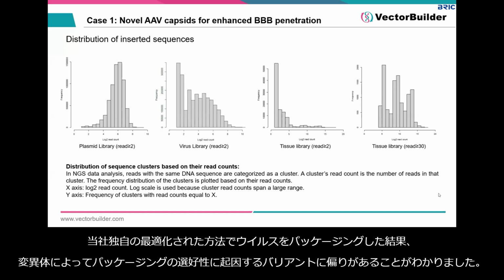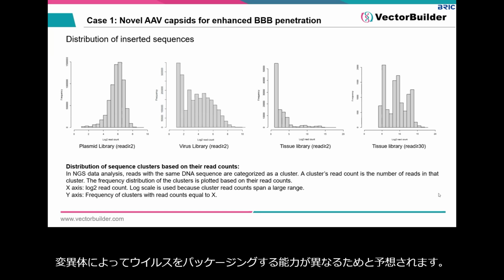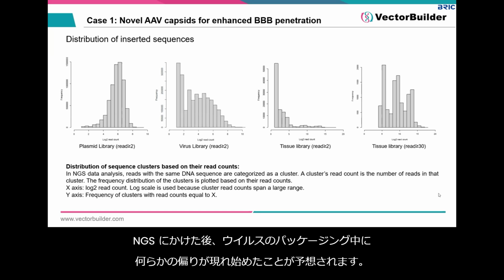After virus packaging by our proprietary optimized methods, we have found some bias in the variants that results from the packaging preference for different mutants, because we expect different mutants have different capabilities of virus packaging. So we would expect to see some bias begin to show during virus packaging. We then subject the virus library to NGS.